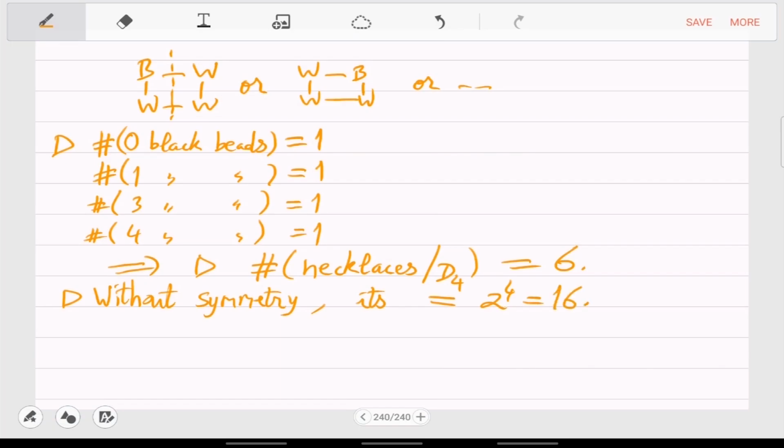Right, so there is a wide gap between 16 and 6. 2 raised to 4 is a simple count, but as soon as there is a group action, the count becomes complicated, and it breaks up into many cases. So that case study you have to do systematically.